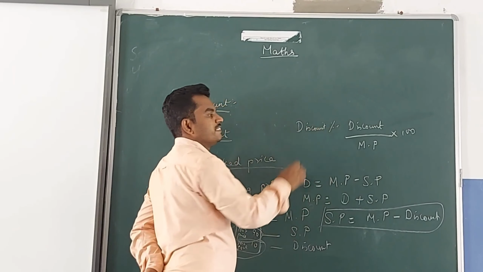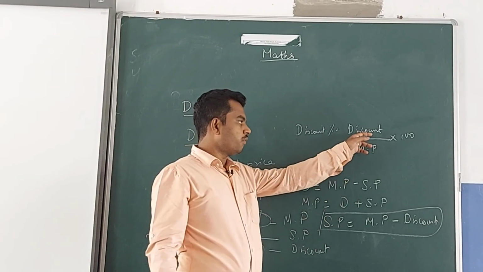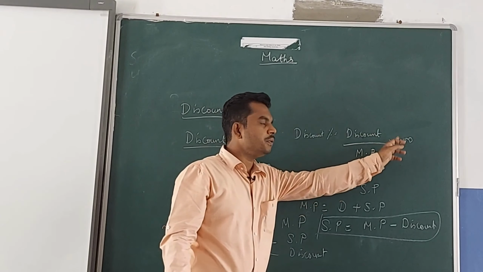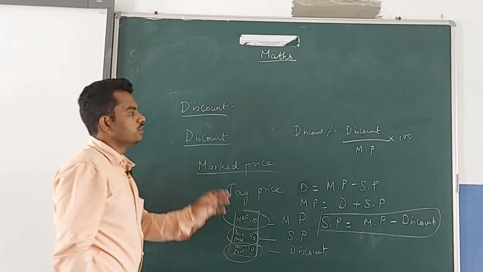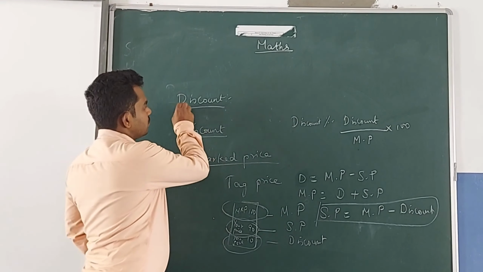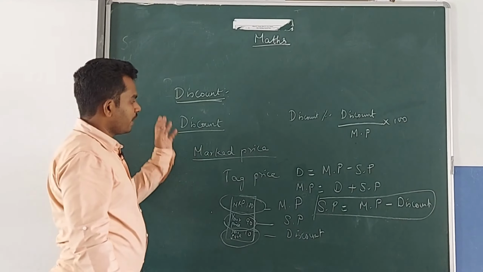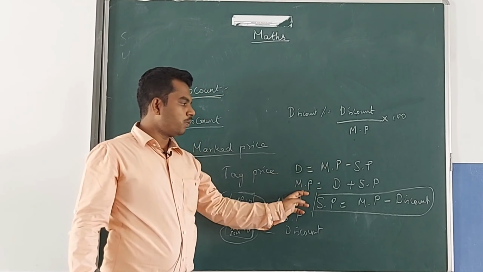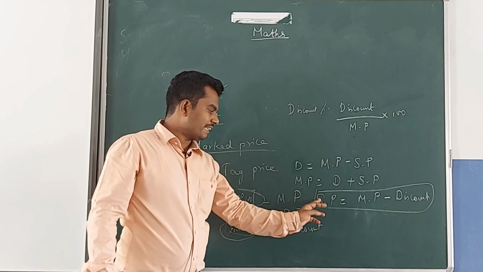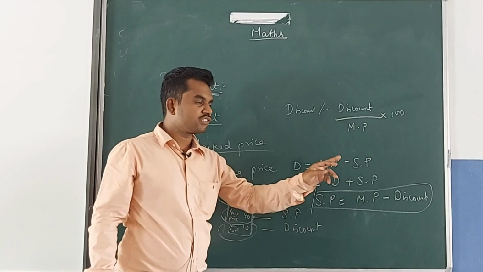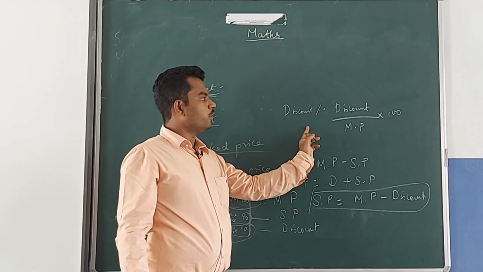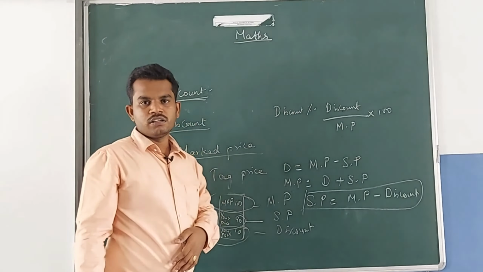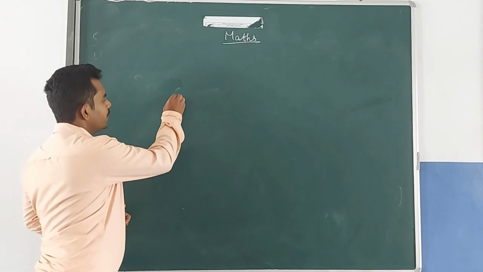So discount percentage equal to discount by MP into 100. Okay, so again I repeat, discount equal to MP minus SP, MP equal to discount plus SP, SP equal to MP minus discount, discount percentage equal to discount by MP into 100. Next topic, overhead expenses.